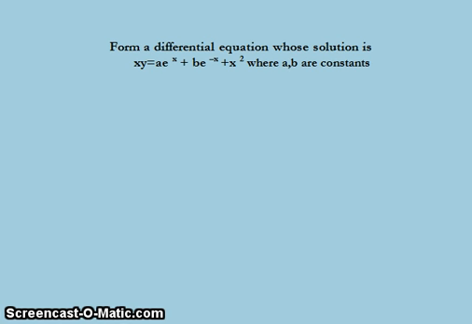So we have the equation xy equal to a e power x plus b e power minus x plus x square. To form the differential equation, we need to differentiate this equation, which is labeled as equation number 1. We need to differentiate this equation with respect to x twice, since we have two arbitrary constants, a and b.